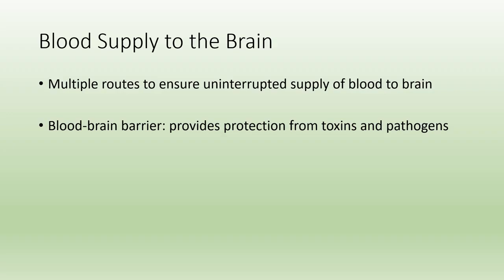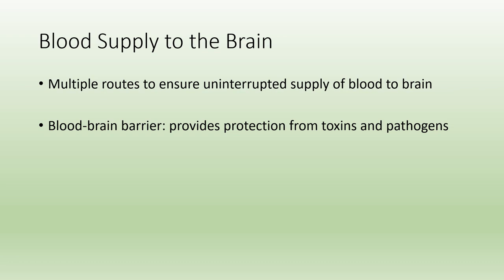That blood is carrying nutrients, it's carrying oxygen, it's going to be removing waste products, and so you have to have a very good supply. It needs to be dedicated to the brain. It needs to be ensured that there's not going to be a break in that supply train, if you will.